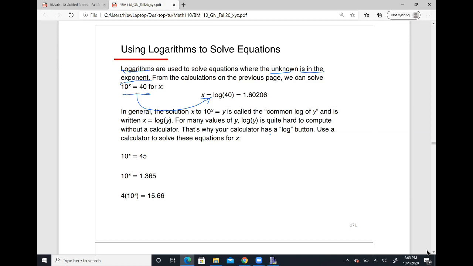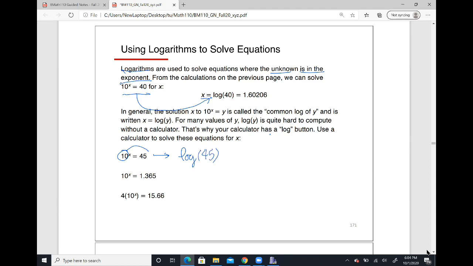Okay, now let's try this one. Firstly, you change this to the log form, right? So I have log. What is the base in this exponent? I know it's 10, right? So base 10, I don't need to put the number 10. Of what? Of the argument 45 here.